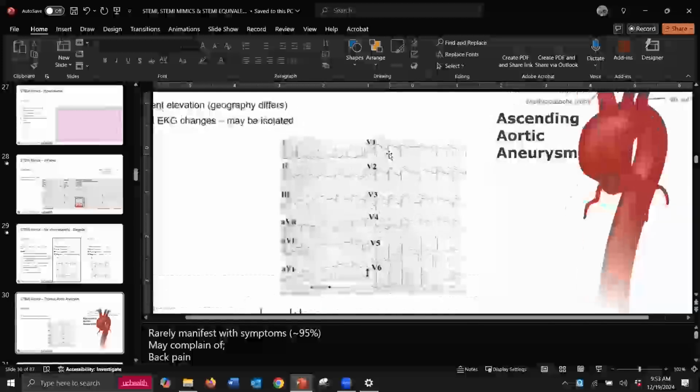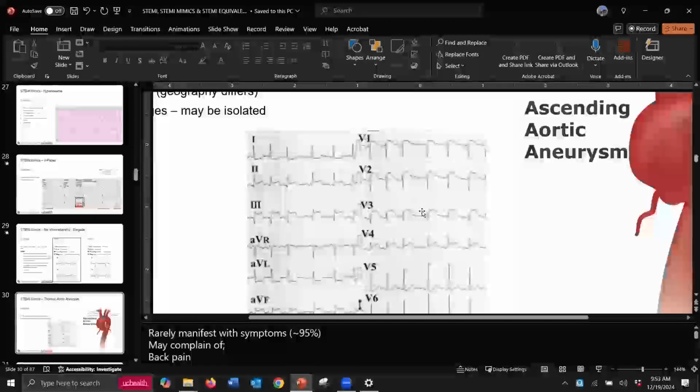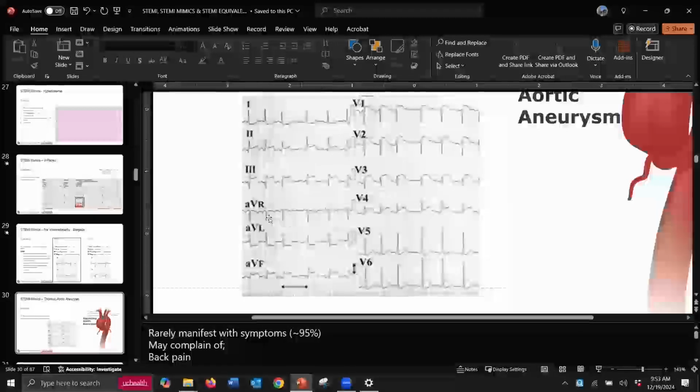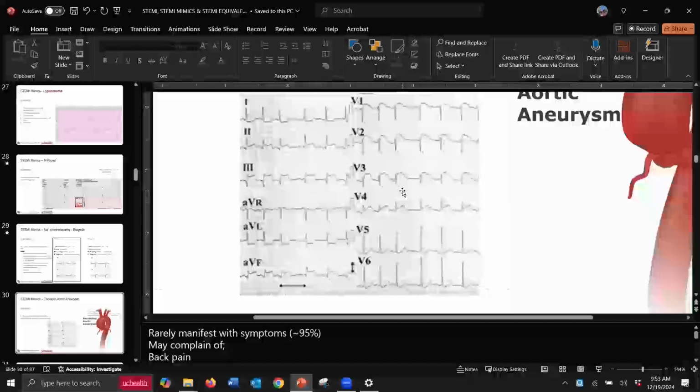If we look at this EKG here, look at this massive coving in V1. But I want to look at aVR. See the aVR, we don't see anything. But the rest of it, we have massive changes.